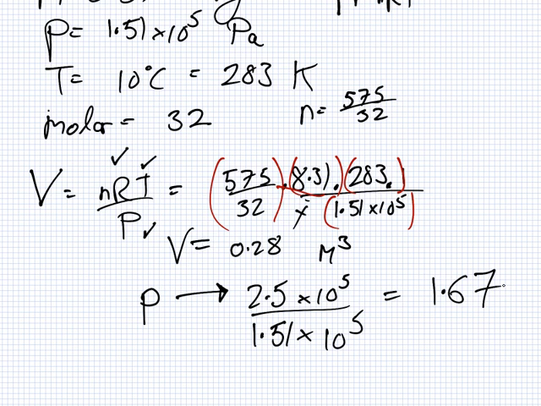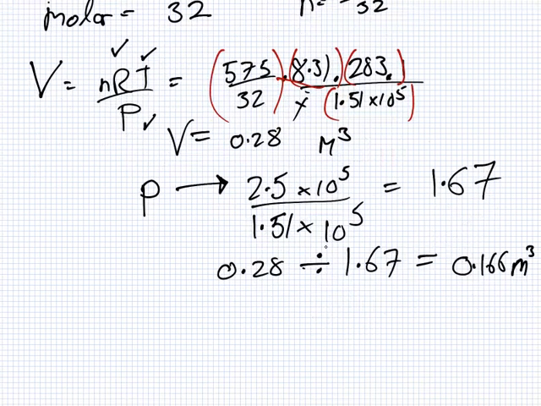If the pressure has increased, what happens to the volume? It decreases by the same amount. So your 0.28, you just divide it by 1.67 and you get 0.166. Great. So what is the last part now?